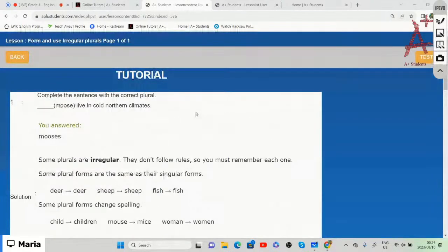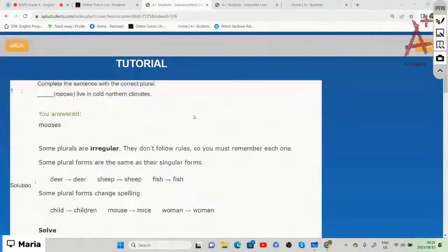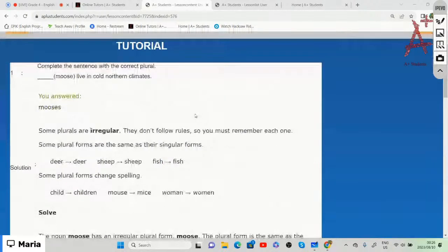So these are but a few irregular plurals, right? It is basically where you can either find the word changing, or we add a few letters to it, or we have some plural forms that are the same as the singular form.